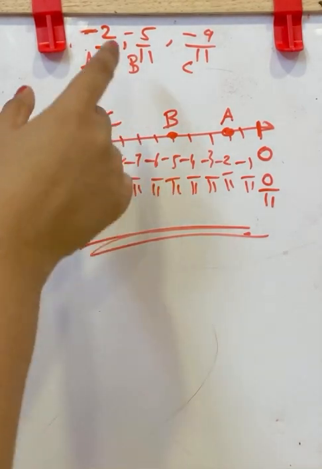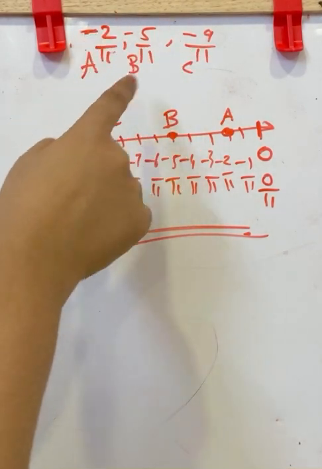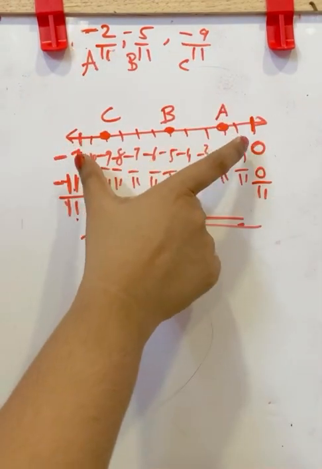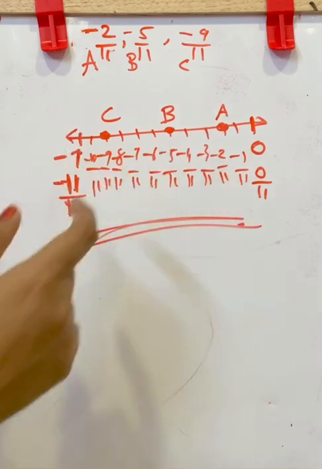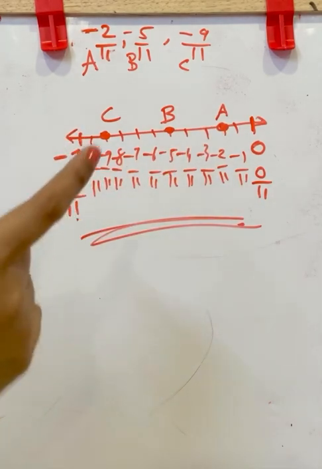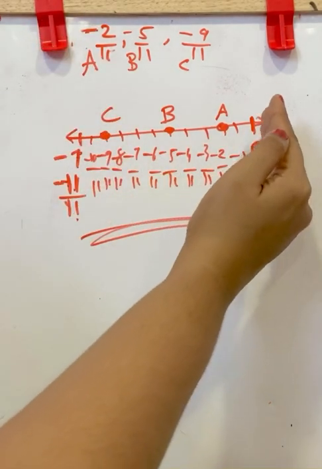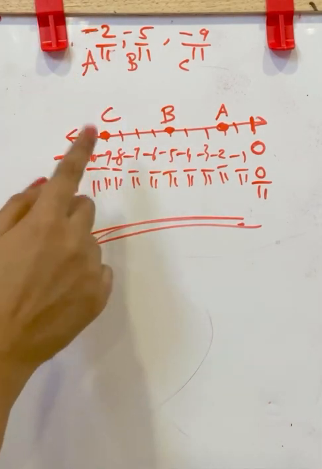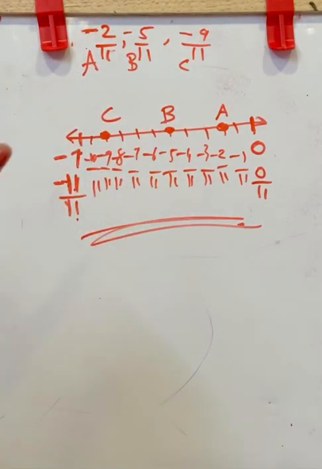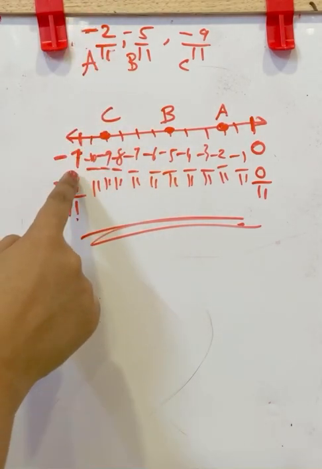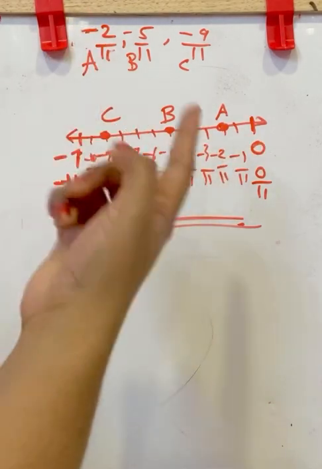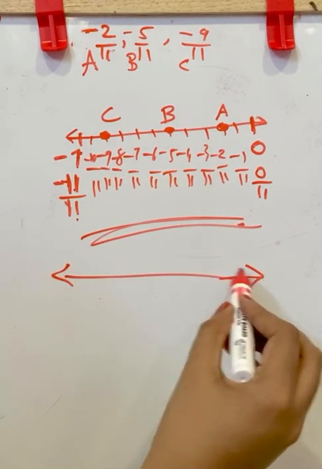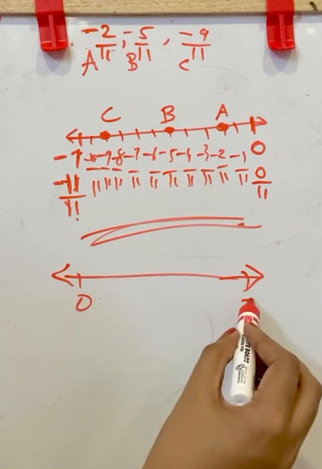If it is a bigger value like this, you have to make a bigger distance between 0 and 1. Always check if it is negative, 0 will be on the right side, and if it is positive, you can mark 0 on the left side. For negative, negative 1 is after 0. If it is positive, the number line will be like this, here 0 and 1 here.